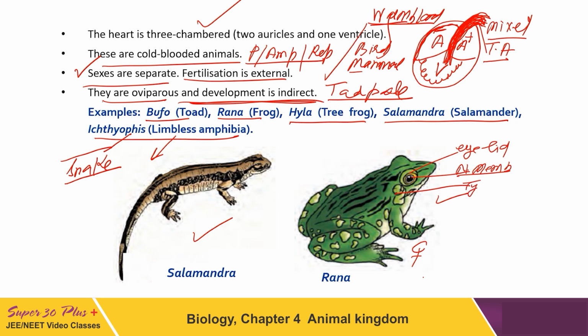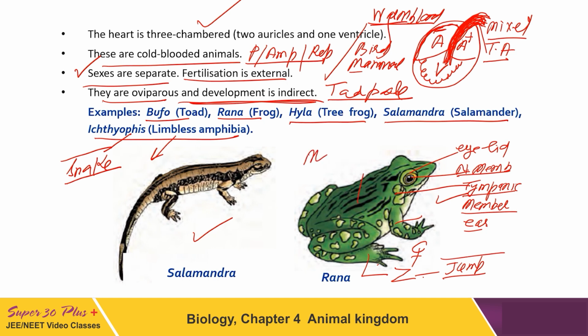Tympanic membrane means the ear, which will function for hearing, right? The four legs, 1 and 2, 3 and 4. The hind legs are Z-shaped, which makes them able to jump. They move by jumping.